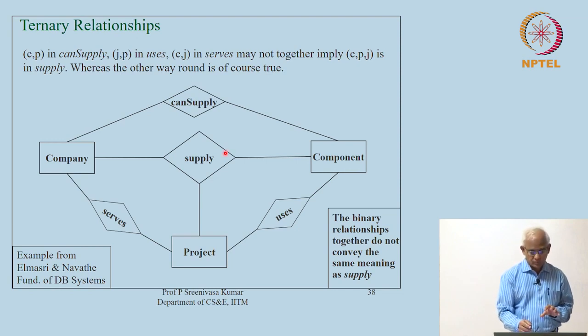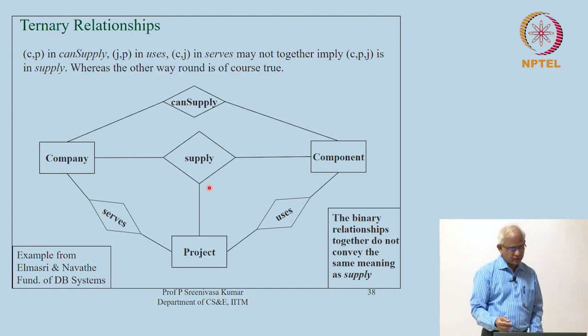We may want to make a design choice whether the binary relationships are enough or you necessarily have to go for the n-ary relationship. Okay. There are some more interesting considerations to be thought through when we are using n-ary relationships. Okay.